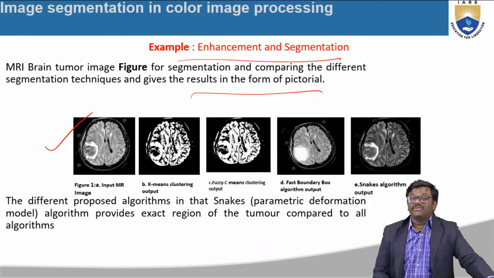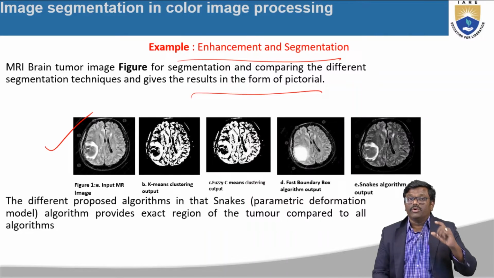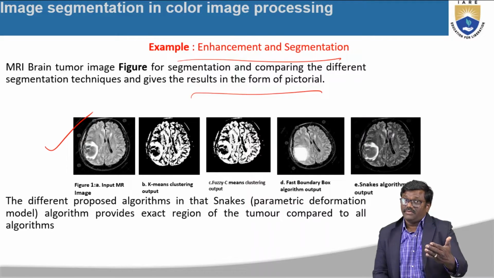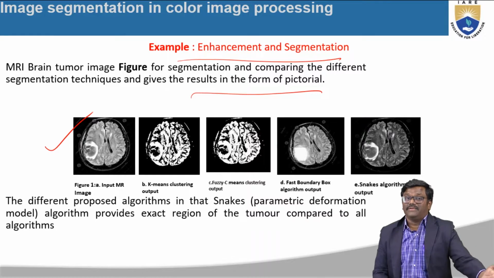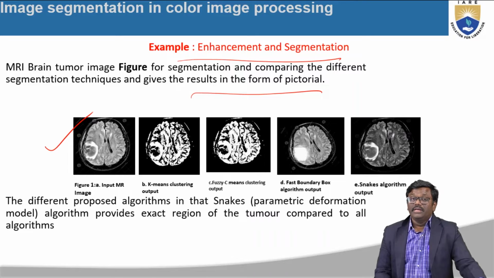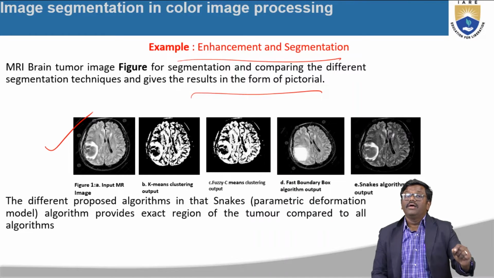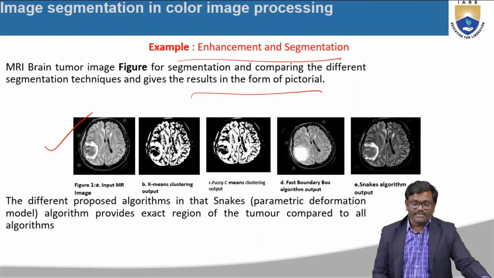So the doctor can easily understand the size of the tumor in the brain, and whether the tumor is affecting the brain in the aspect of cancer, or any other aspect, so that we may help the patient. In the relationship of patient and doctor, your prepared model will help them. So that's why image segmentation in color image processing is one of the most important concepts.